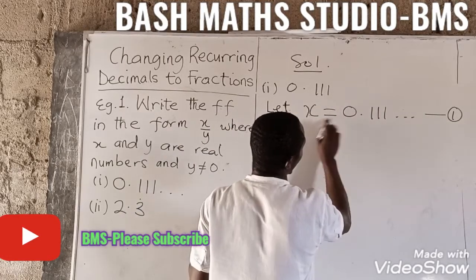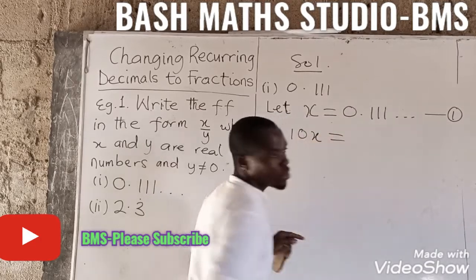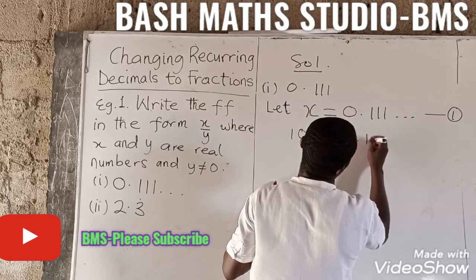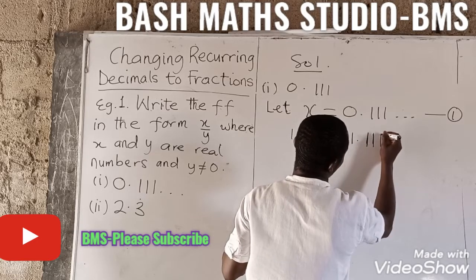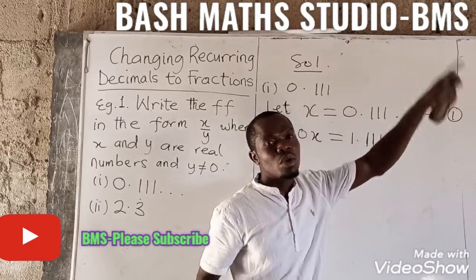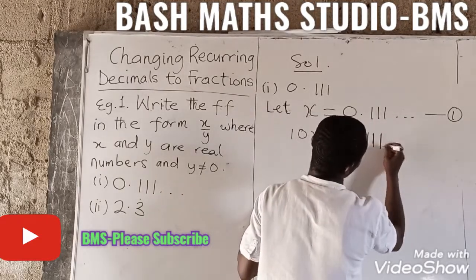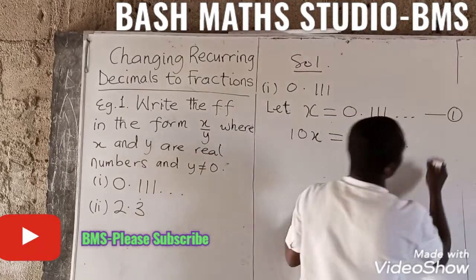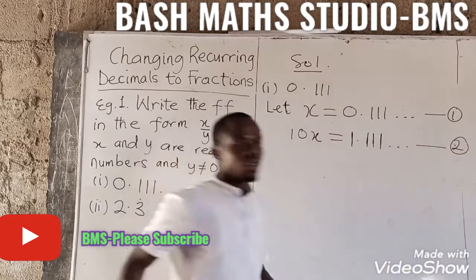Multiplying both sides by 10, we get 10x equal to 1.111 and so on. I multiplied x by 10 to get 10x, and multiplied 0.111111 up to infinity by 10 to get 1.11111 up to infinity. You can name that one equation 2.